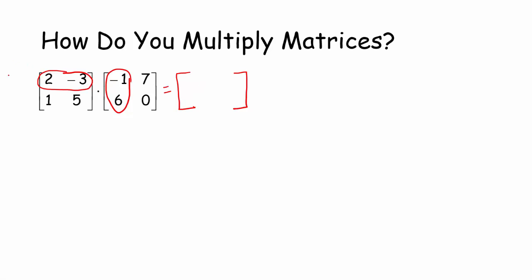Now how does the multiplication work? What happens is that you're going to match up the entries. So I'm going to do this first number here, this 2 times -1, and then I'm going to add that to -3 times 6. So it's like I'm matching up this row and this column.